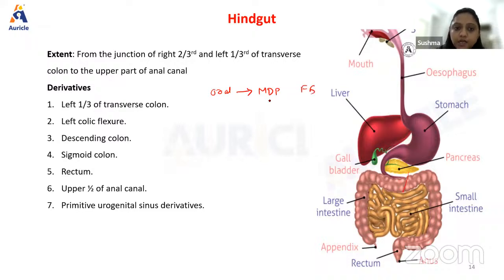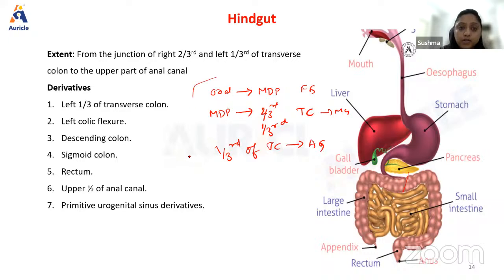From the major duodenal papilla till the junction of 2/3 and 1/3 of the transverse colon is the midgut. The distal 1/3 of the transverse colon onwards is hindgut. These derivatives are very important. You have to know the extent as well as derivatives. Then it becomes very easy for us.